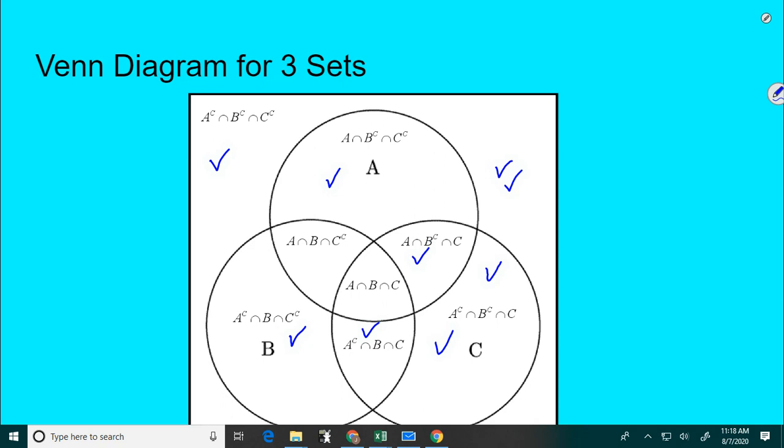Everything in C, there. Since there's 3 sets all intersecting there, so we have 3 checks. You can see it's this little part. It's kind of similar to where I only had the 2 sets. It's that little section that's only C.